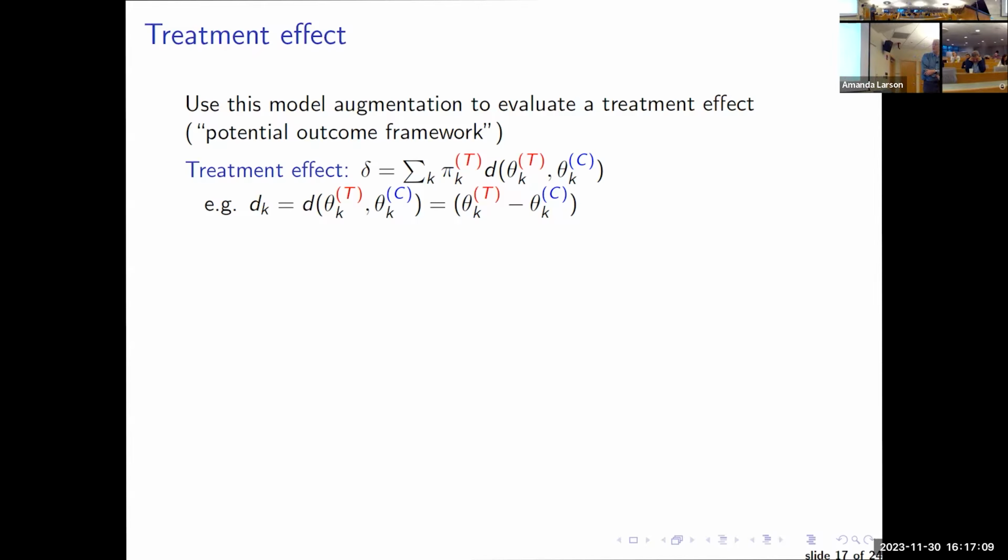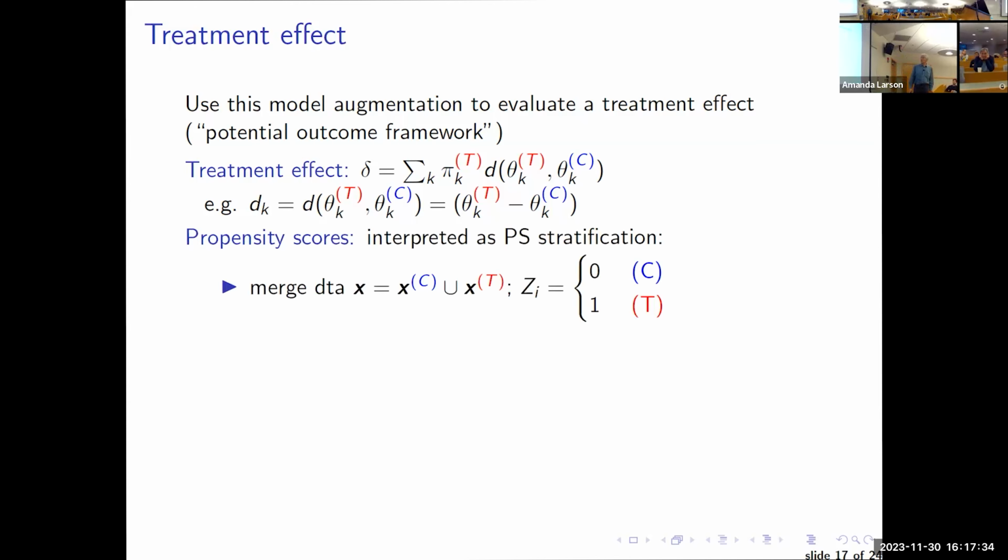So just setting up an exponential model with mean theta_k. I think that's all we did actually. Then the effect in cluster k could just be the difference of the mean outcomes. And then as the reported treatment effect, we just take the red-weighted average of the cluster-specific treatment effects. So now we have a treatment effect.